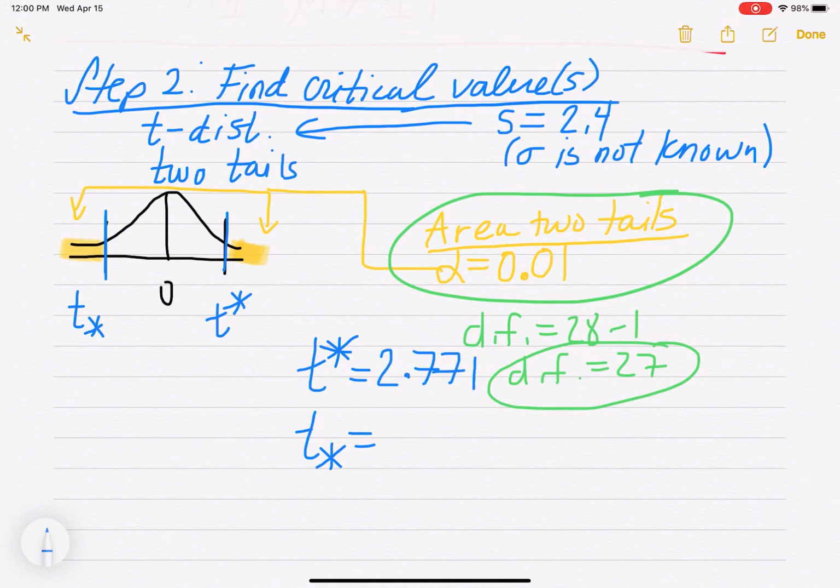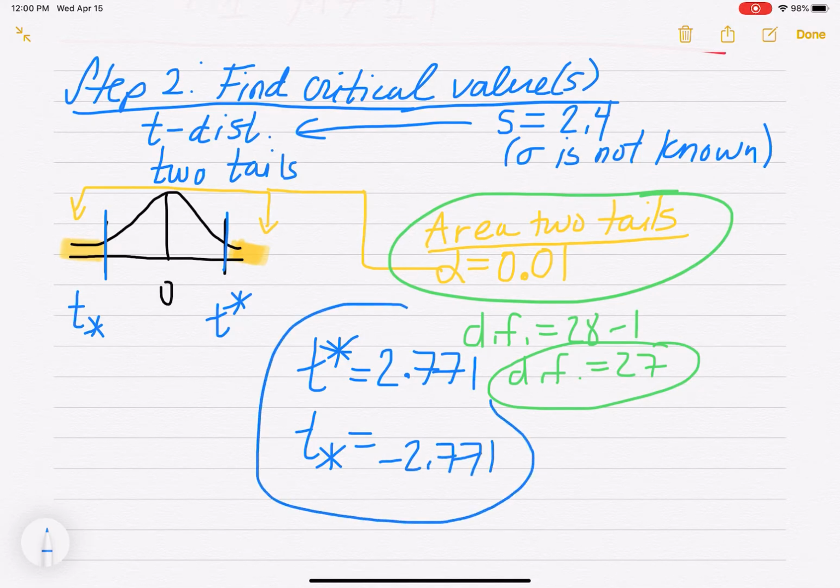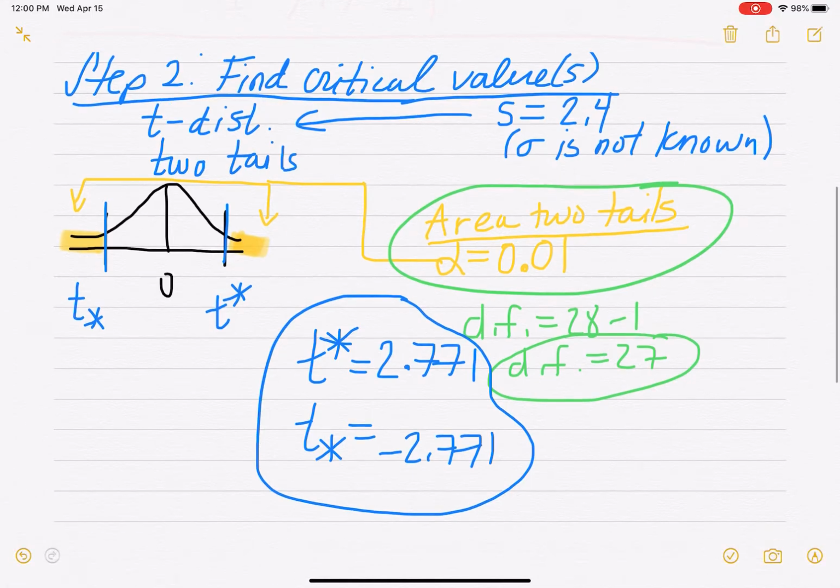So that's our T upper star. So our T lower star is going to be on the other side, negative 2.771. So we have these two critical values. Okay, so finding the critical values is done.